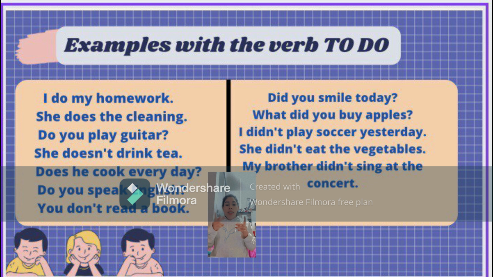In this sentence, the function is auxiliary verb and the main verb, because doesn't is helping to formulate the negation, and the principal verb is cleaning. Do you play guitar? In this sentence, the function is auxiliary verb and the main verb. Auxiliary verb because do is helping in the formulation of the question.